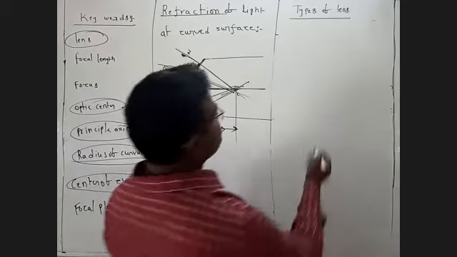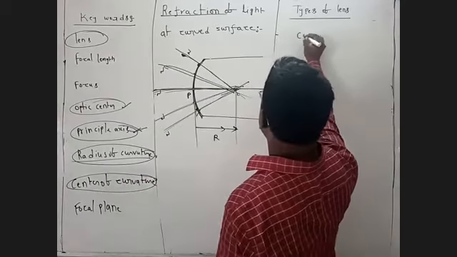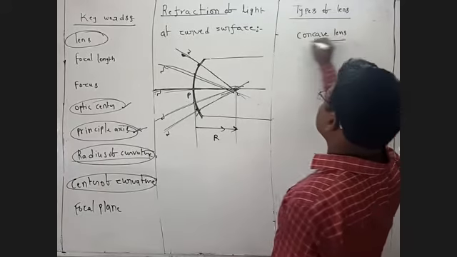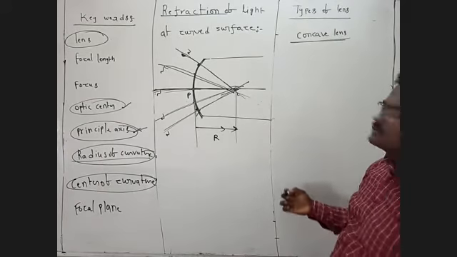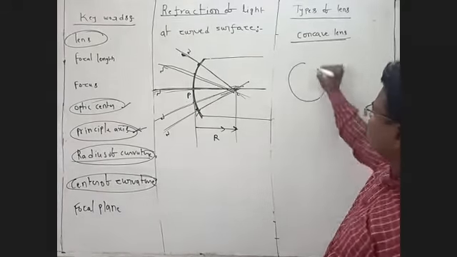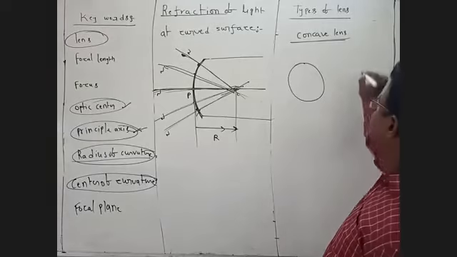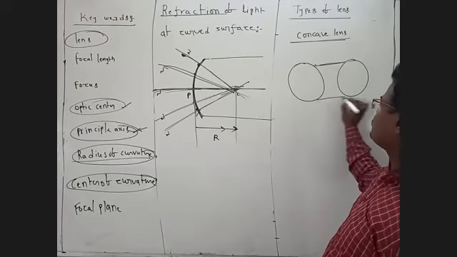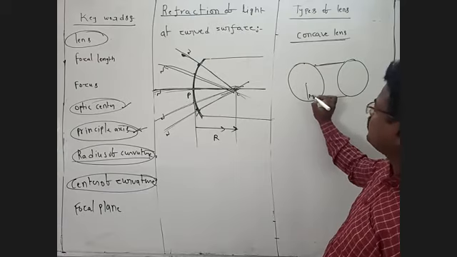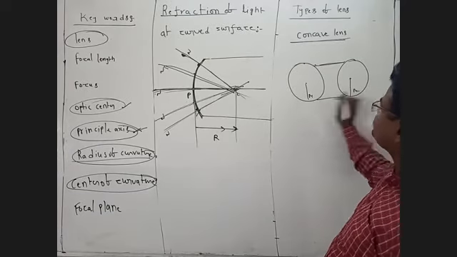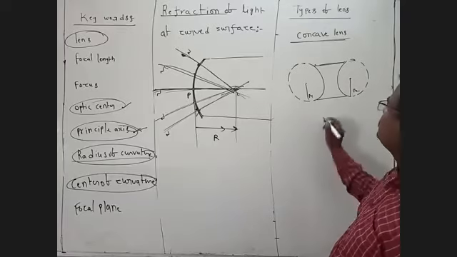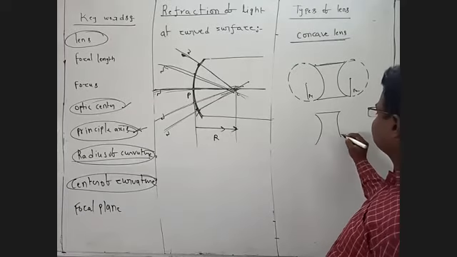The concave lens. This is one material and this is another transparent material. We attach them at this point, remove this part, and it becomes this.